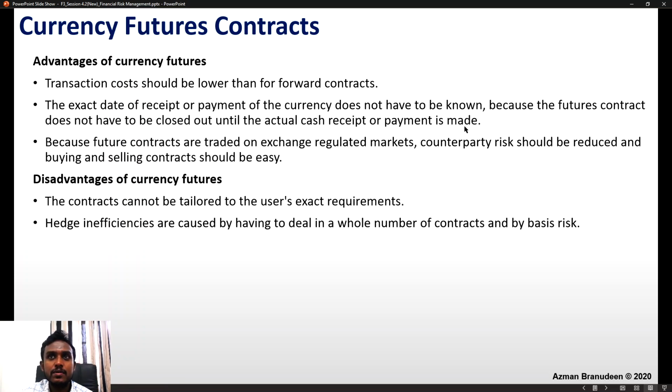So if your actual cash receipt or payment, for example, is going to be made on the 15th, but your contract end date is on the 20th, there's those 5 days, right? There's a small gap. There's a small impact to the entire transaction value and the final net gain or loss that you're going to make. That is the basis risk.